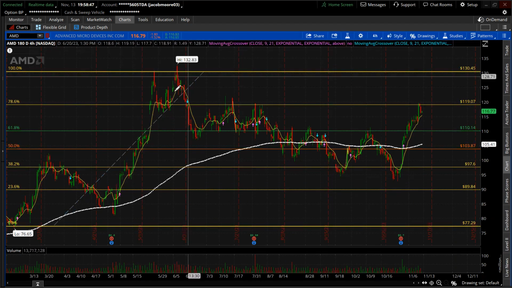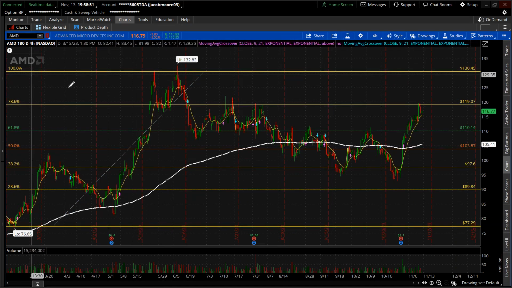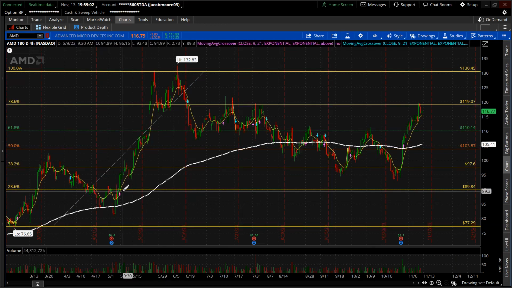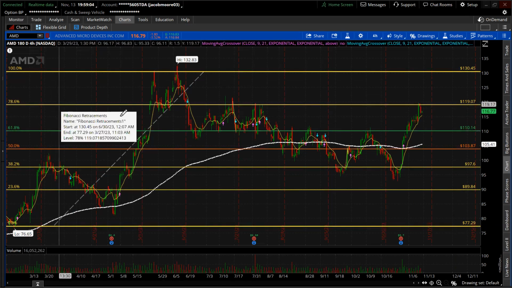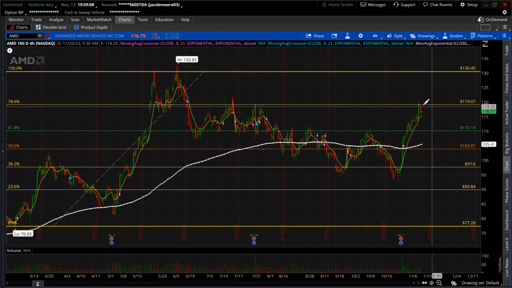When you get closer to the 100% level, the high of the high, that's going to be hard to break. This resistance is going to be the strongest, more so than this 23.6 or the 78.6. But you can see here, we did reject that 78 point, and that's where we are currently.